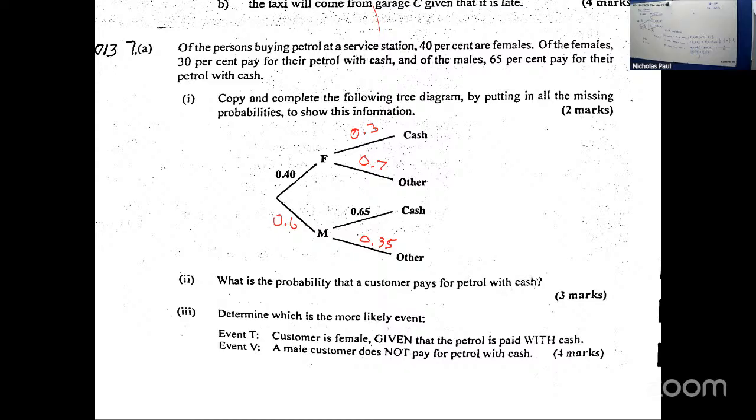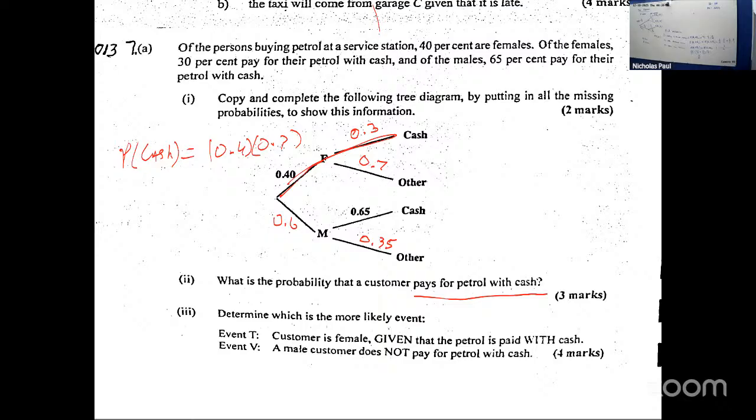What is the probability that the consumer pays for petrol with cash? So you have to look and see, okay, the person wants to pay cash. So who are the people that can pay cash? A female. So a female paying cash will be 0.4 multiplied by 0.3. That's here, right? And then we could have a male.